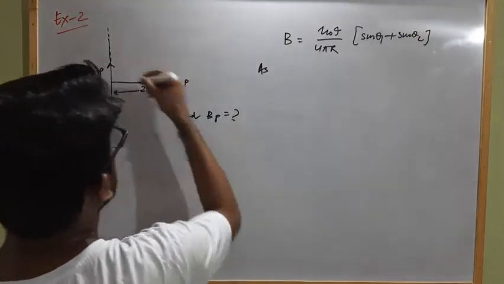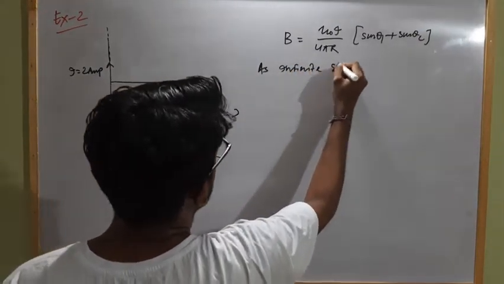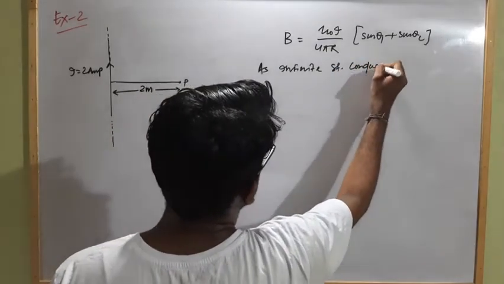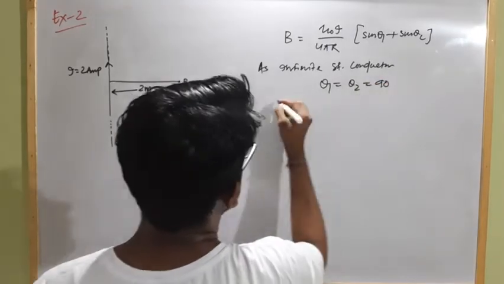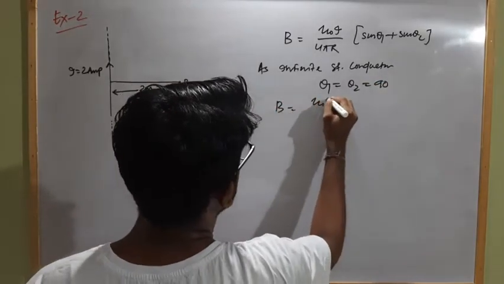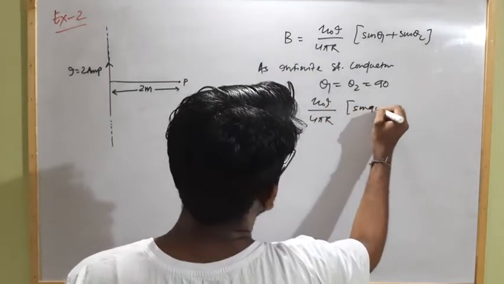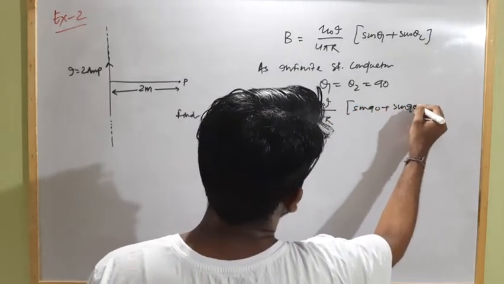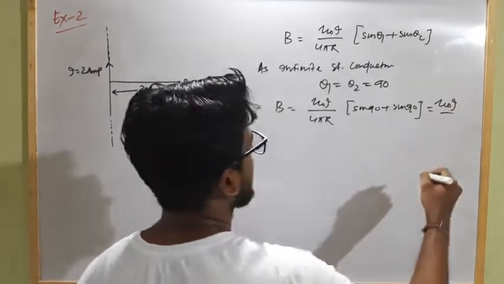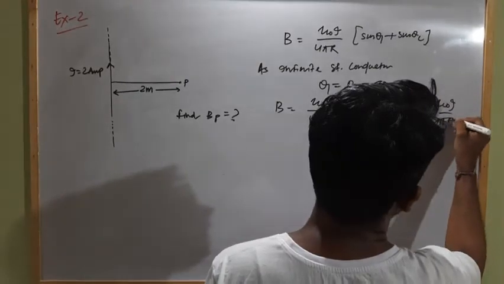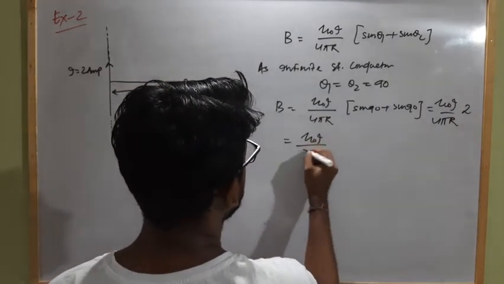As it is an infinitely long straight conductor, theta 1 equals theta 2 equals 90 degrees. So B will become mu naught I by 4 pi r into (sin 90 plus sin 90), which equals mu naught I by 4 pi r into 2. So this can be written as mu naught I by 2 pi r.